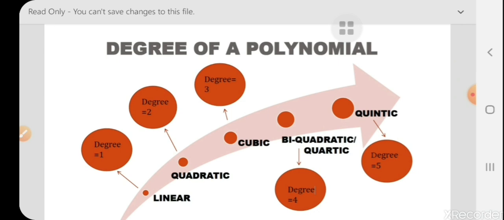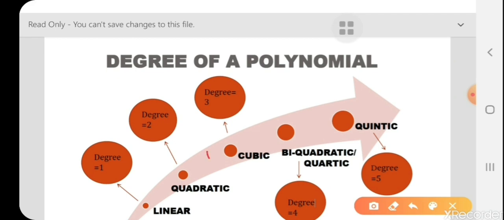But in the case of quadratic equations, we will deal with equations which have degree 2. That means such polynomials have one variable and the degree is 2.